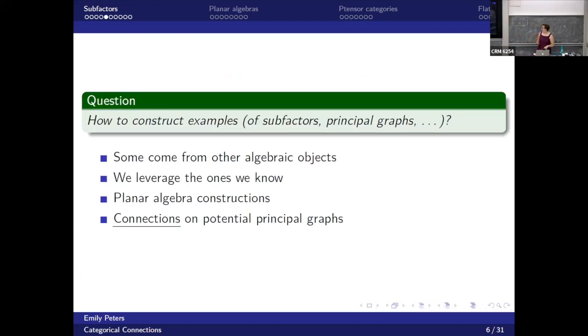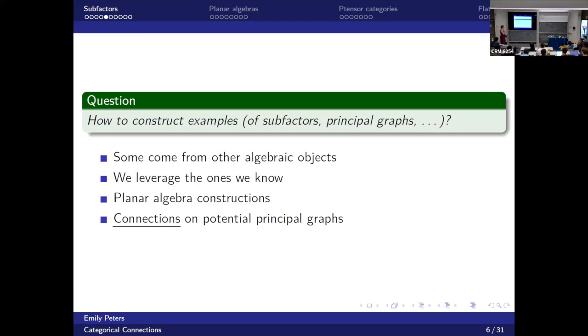Okay, and so then, of course, the question is, how do we construct examples of these things? I mean, they're hard to understand. We have these invariants that help us, but we'd really like to be able to actually get our hands on some of these. And so we've already talked about how sometimes you can take algebraic structure you already know and leverage it to get some sort of subfactor algebraic structure. But the thing we talked about with groups is only going to give you things at integer indices.